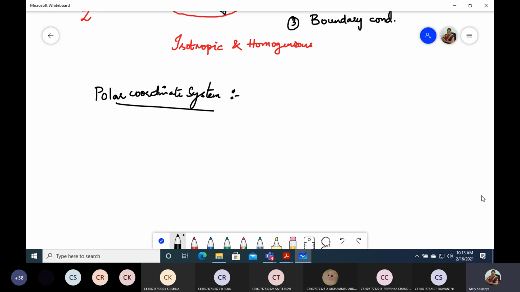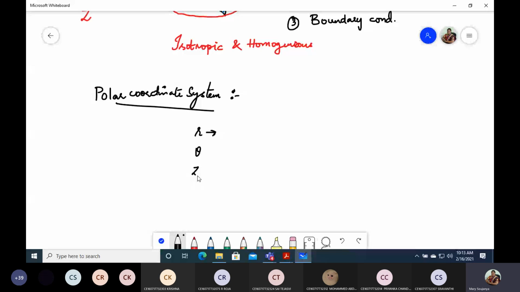Pole axis. In the polar coordinate system, what are the coordinates you'll have? R cos theta, R sin theta. Cos theta, where did cos theta come from? R is there, I agree. One is R. Next. R comma theta, ma'am. Yes, R comma theta.